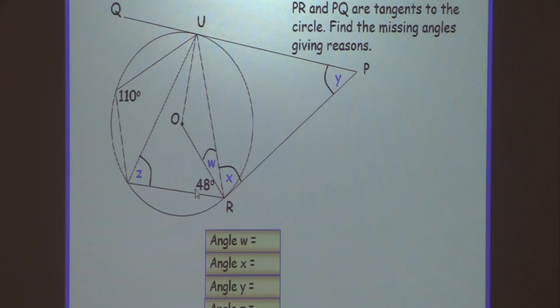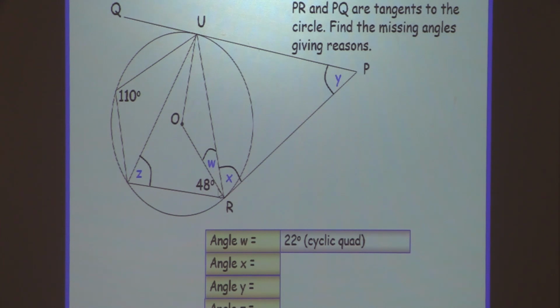W plus 48 plus 110 is equal to 180, opposite angles of a cyclic quad. If this is 110, the whole of this must be 70. So 48 plus W must give me 70, therefore W will be equal to 22. Because 22 plus 48 is 70, 70 plus 110 is 180. So the opposite angles of a cyclic quad are supplementary.